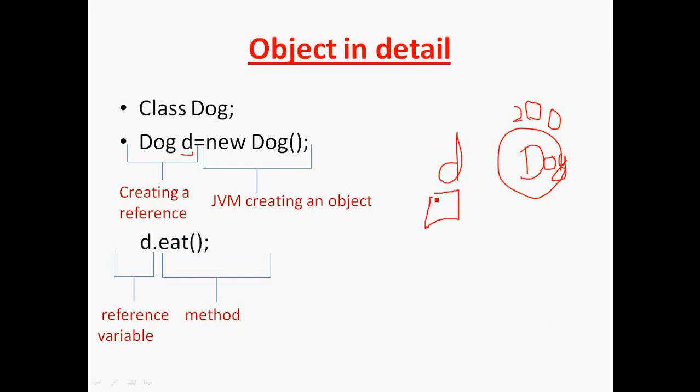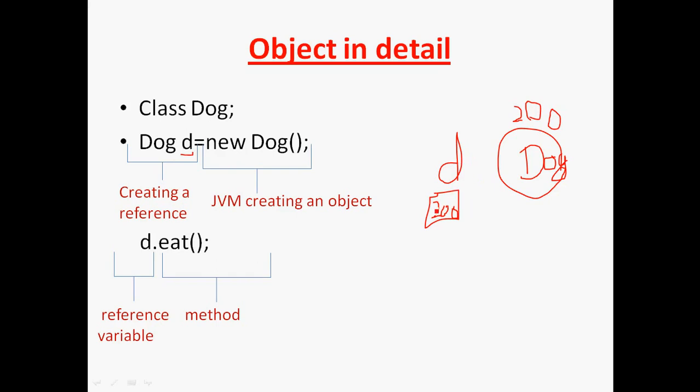When you assign, the equals sign means you are assigning the address of the Dog object to the reference variable d. What is there in d? It will contain 200.